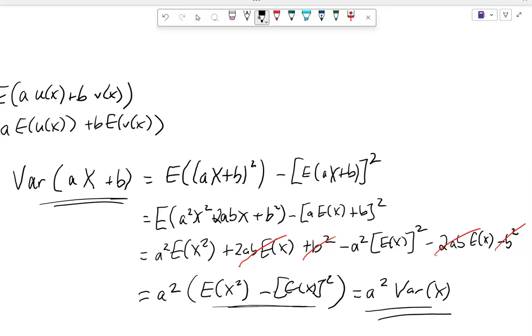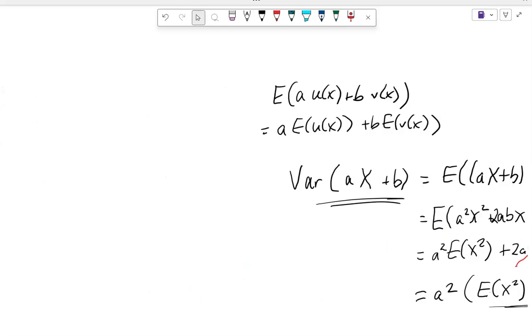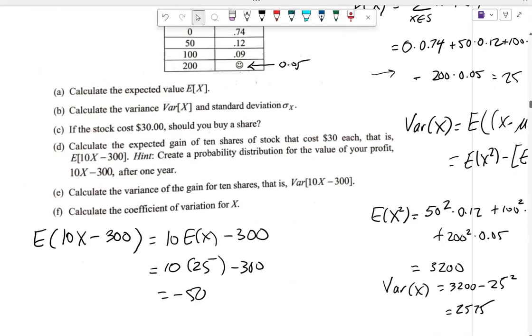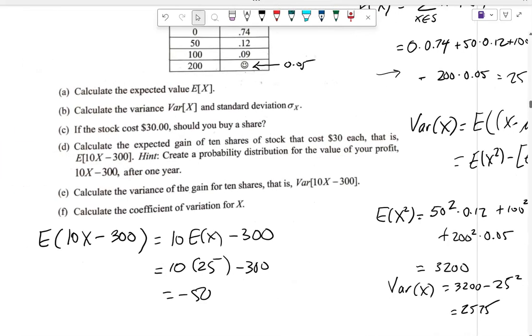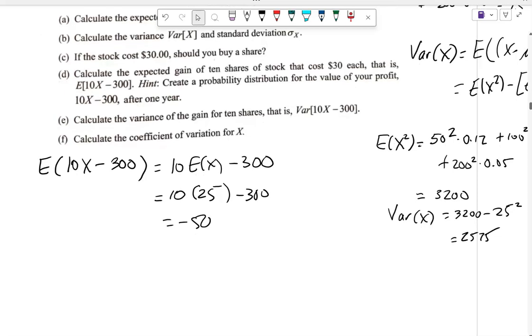All right, so let's go back to the problem then. It asks you to calculate the variance. We want the variance of 10x minus 300. According to what we just proved, we can rewrite this as what?